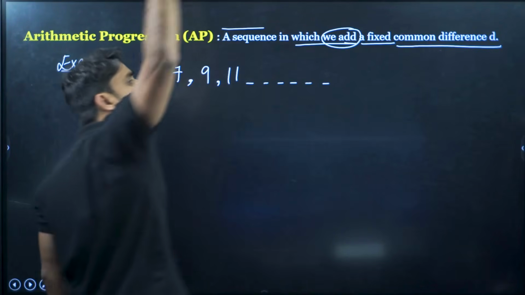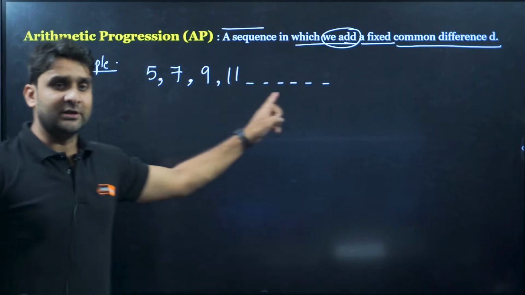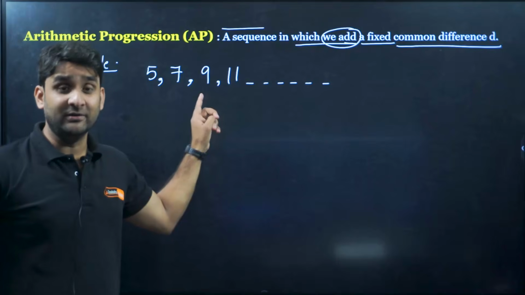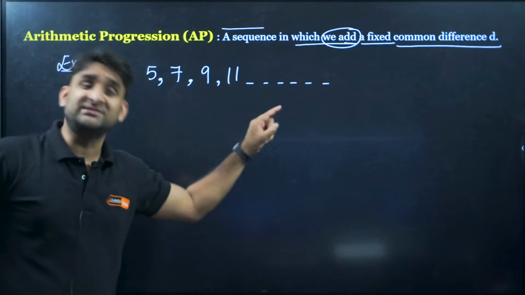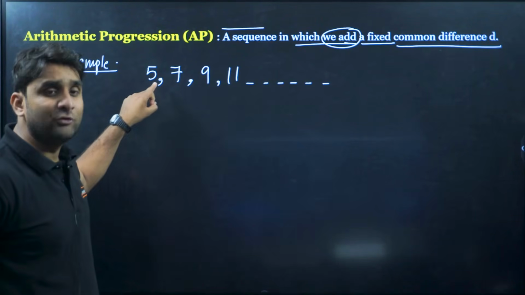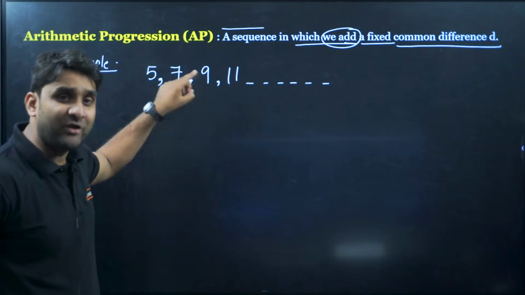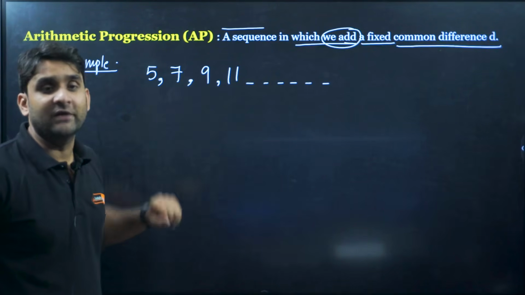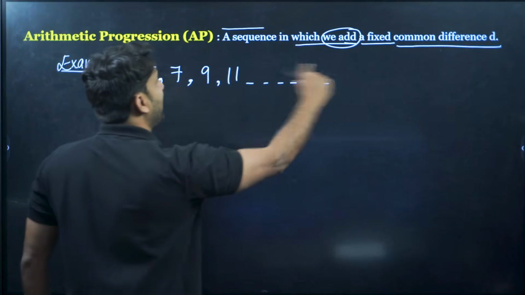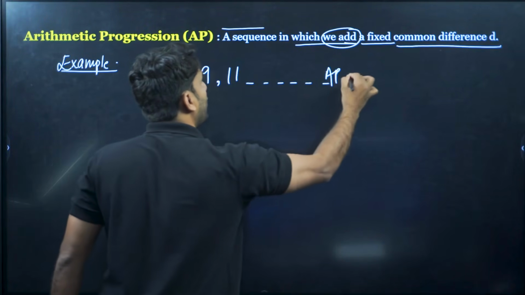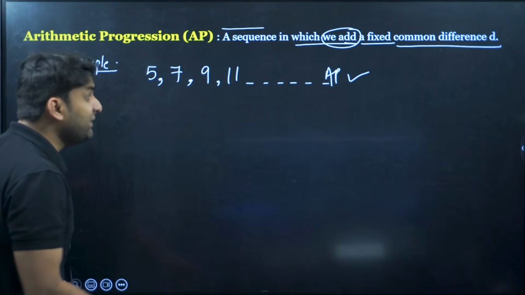It will keep going. Look at the numbers. We have added the same value to the succeeding number. After adding 2 to 5, we got 7. After adding 2 to 7, we got 9. After adding 2 to 9, we got 11. So look at the pattern. This pattern is called AP. And what will be the common difference?